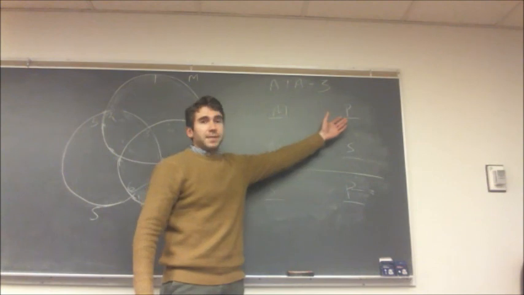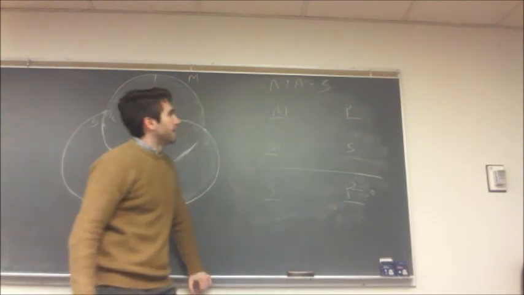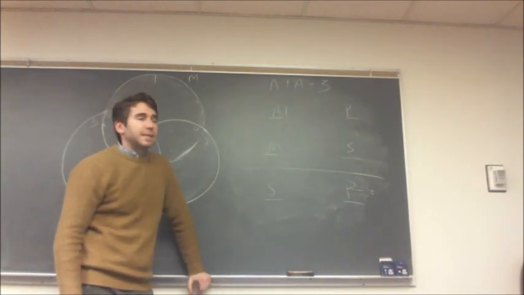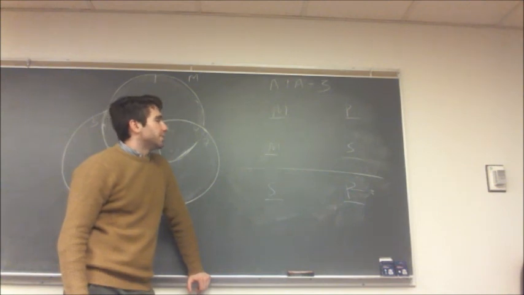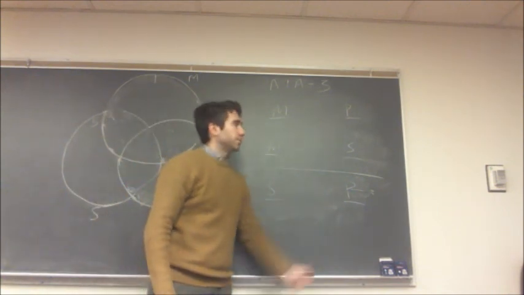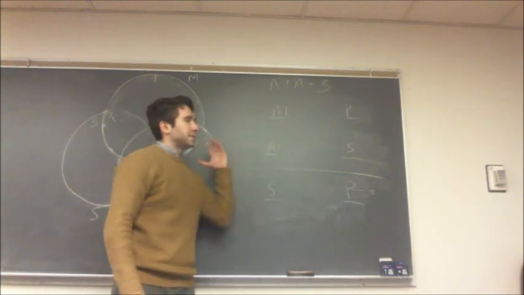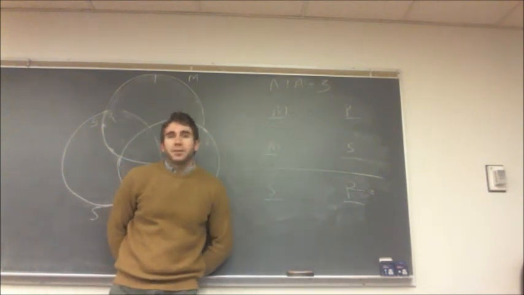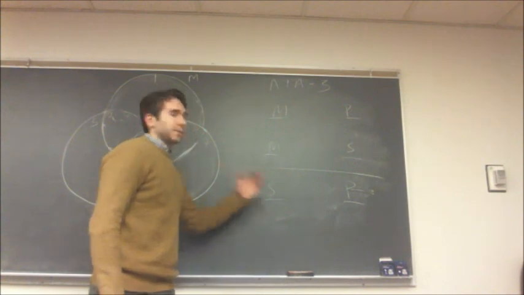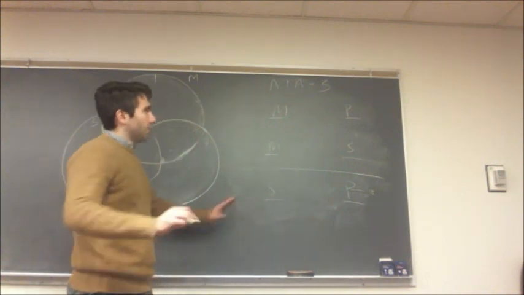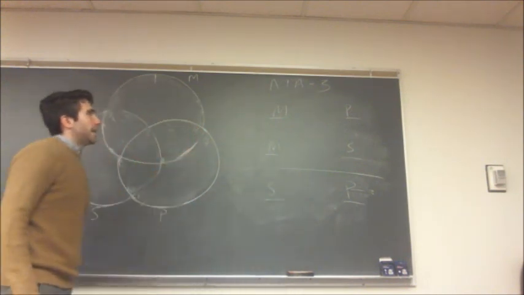We know that the P goes up here in the first premise because that's the major premise and it has the major term, which is P, the predicate of the conclusion. We know the S goes here because the second premise is the minor premise. It has the minor term, where the minor term is the subject of the conclusion. Okay, cool. So let's fill in the rest.